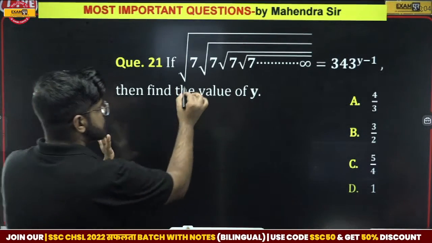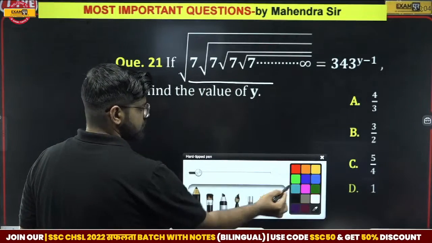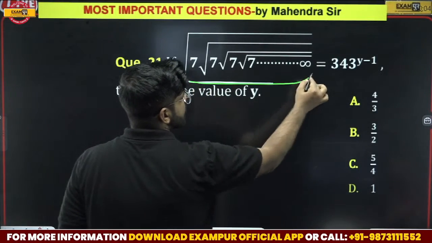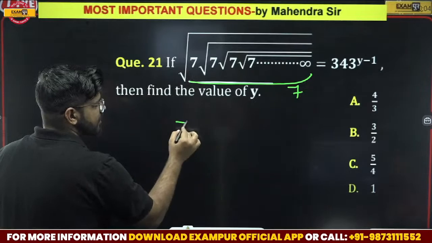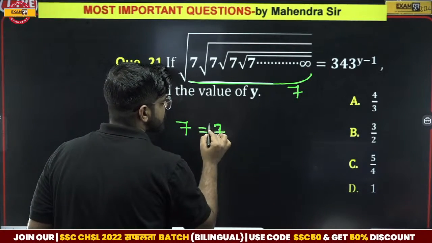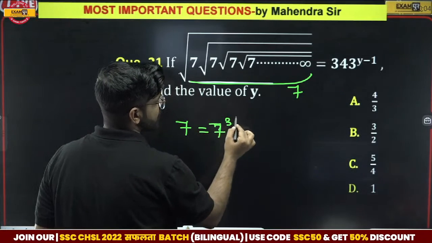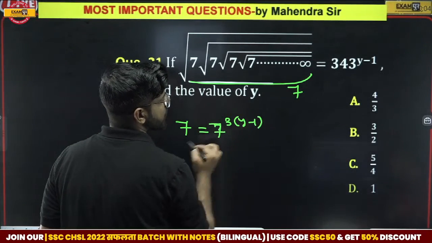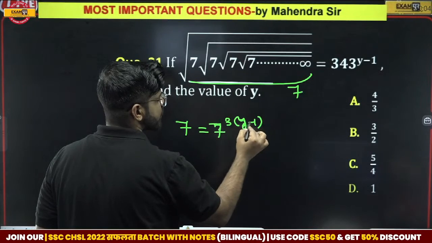So you know that this thing will give you 7. This thing gives you 7, and we can write this 7 to the power 3, and y minus 1 is there already, right? Y minus 1 is already there.